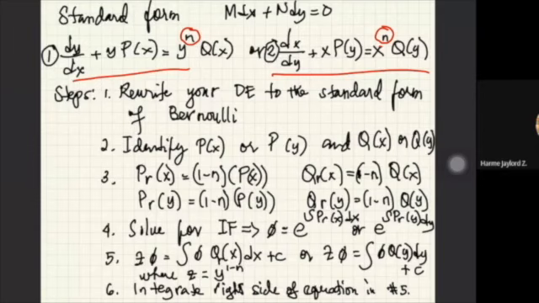Because you need to incorporate the n, which is the degree of y on the right side of the equation. You are going to multiply your P of X with 1 minus n, and the product would be the PR of X.